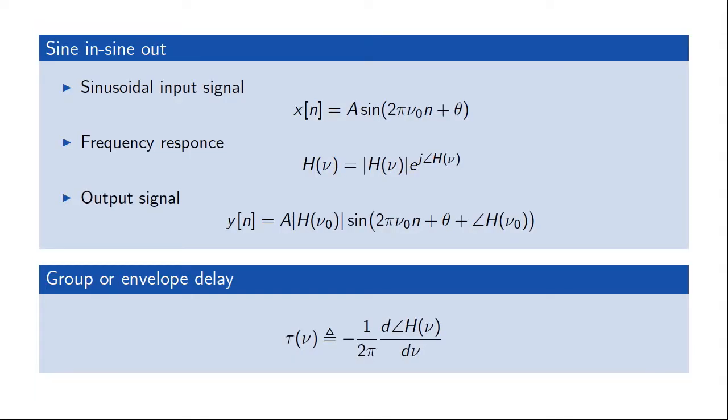We can exemplify this further by considering the case of a sinusoidal input signal. So let's assume that the input signal x of n is a sinus signal with amplitude A, normalized frequency ν0, and phase theta.